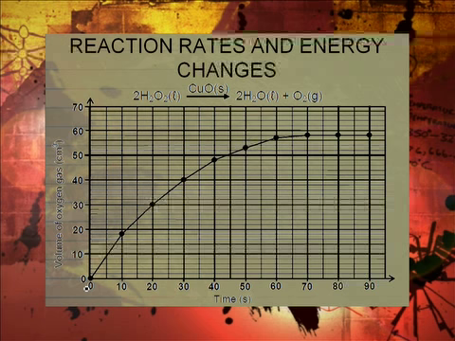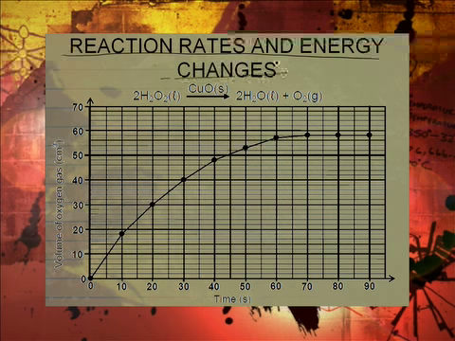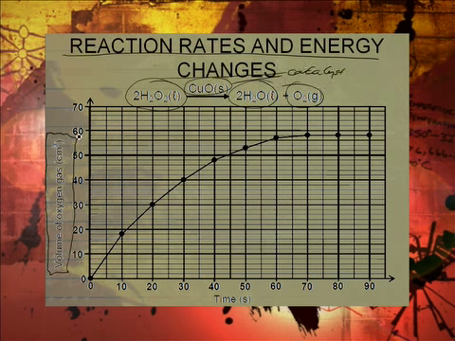Let's have a look at this one. Rate of reaction and energy changes. Here we've got a chemical reaction, hydrogen peroxide, which is decomposing into water and oxygen in the presence of copper oxide. And copper oxide there is acting as a catalyst for that reaction. The vertical axis tells us about the volume of oxygen gas formed.